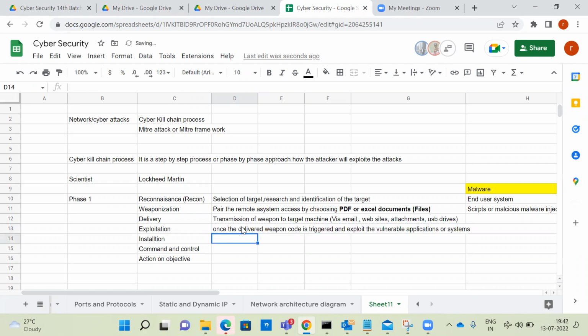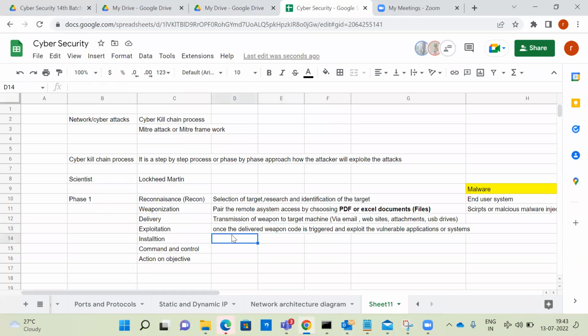In this scenario, it will identify the weakness. Whatever code he is sending via email through PDF or Excel documents, it will go and check whether any vulnerability exists. If that vulnerability exists, that code will be exploited.